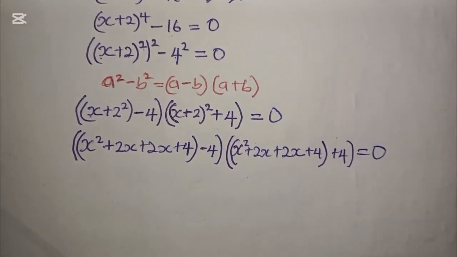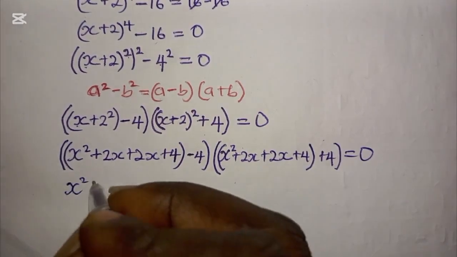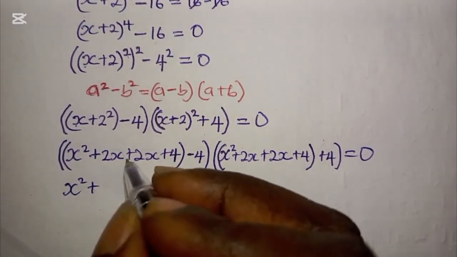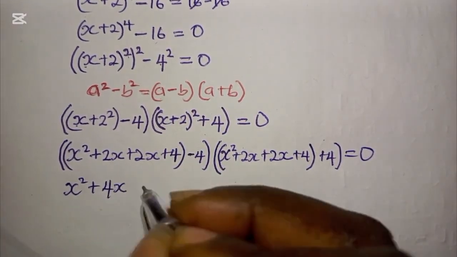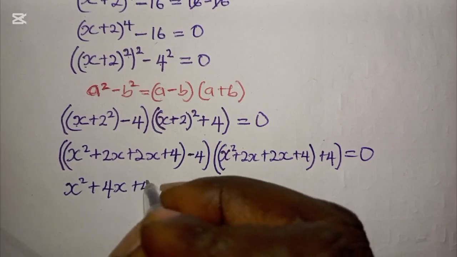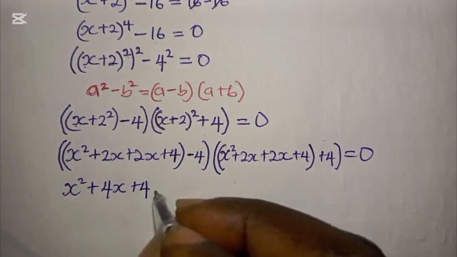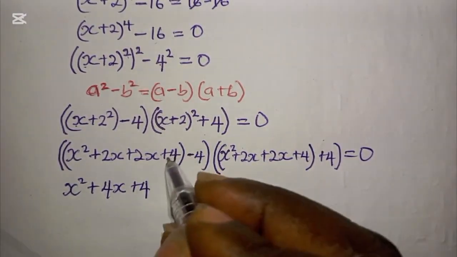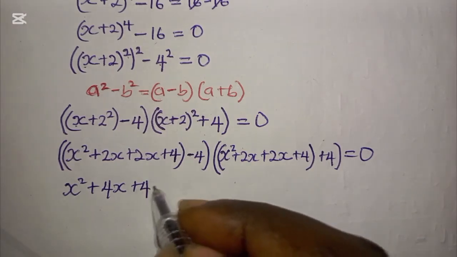So if you do this now, we are going to have x squared plus 4x, then plus 4 minus 4. Plus 4 and minus 4 will cancel each other.